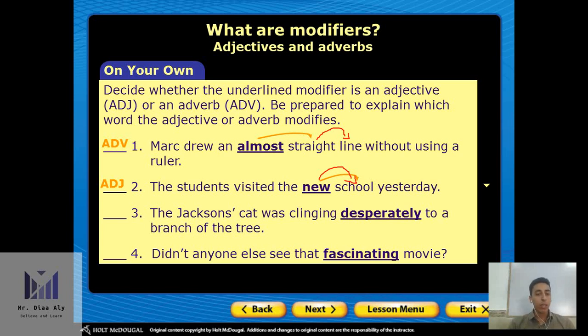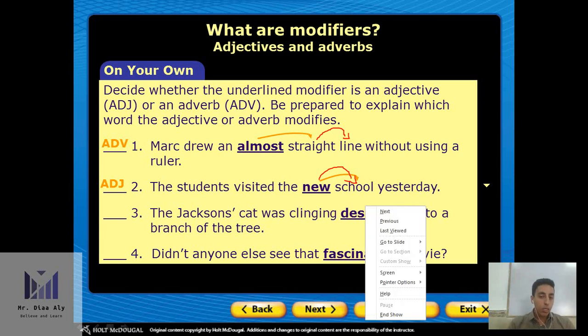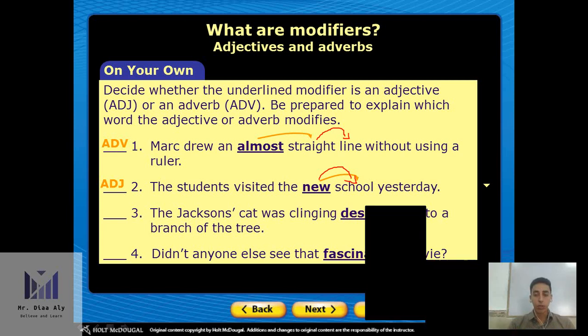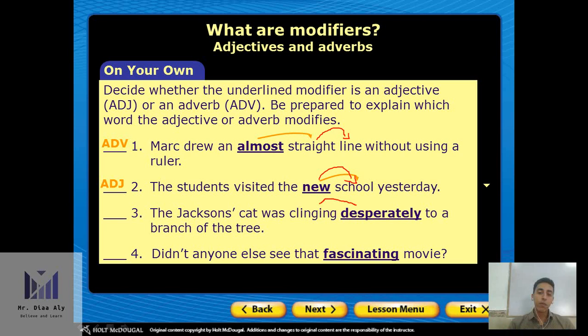Number 3, the Jackson's cat was clinging. How was she clinging? Desperately. So this is what? Yes, you're right. It's an adverb modifying this. So amazing job if you got the 3rd one correct. So the first adverb, second adjective, the 3rd one is adverb. You did a great job if you did the last one.